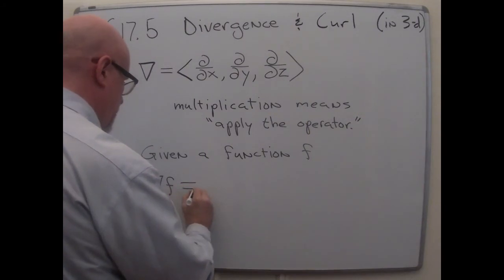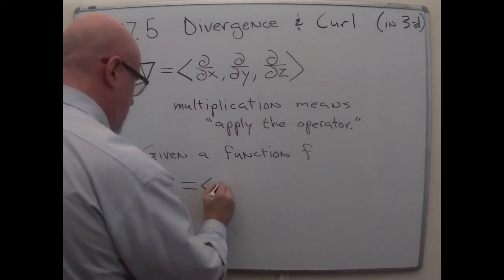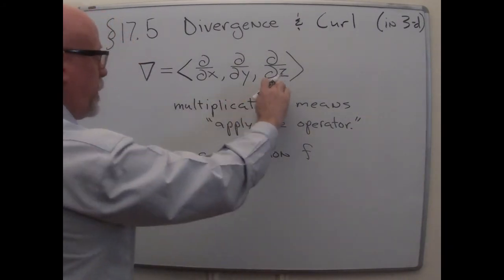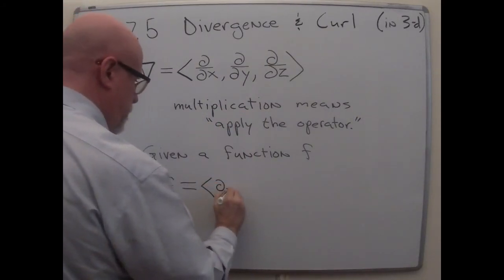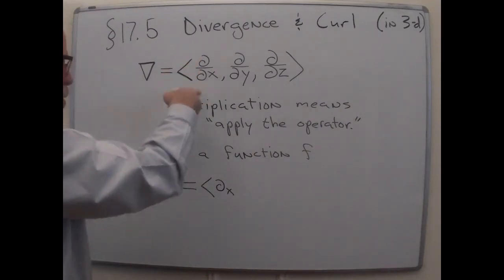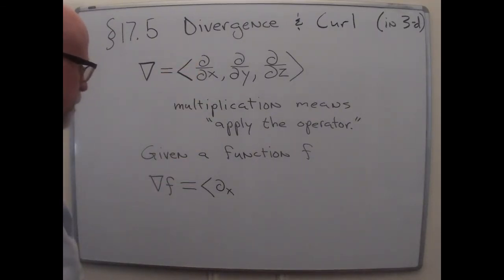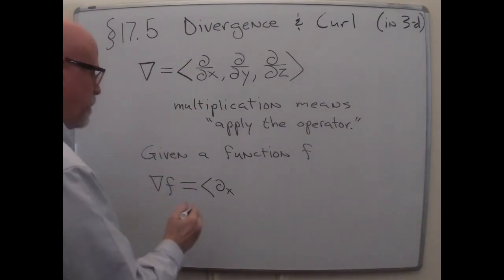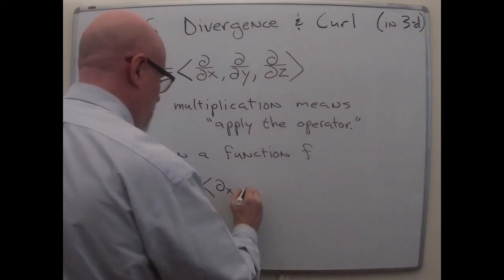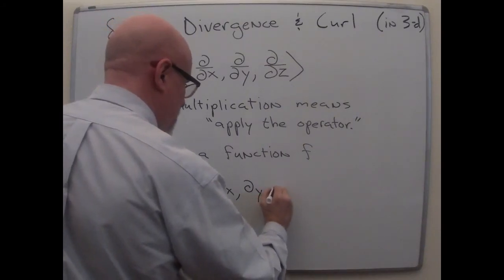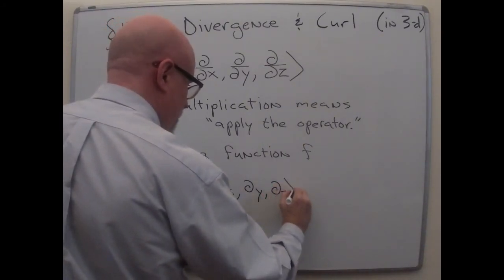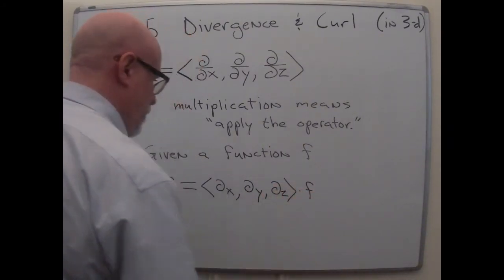I'm going to start using this shorthand that I think I also introduced you to previously. You can just write partial x to mean partial over partial x. That's also an abusive notation, but whatever. It'll save us some writing. So partial x, partial y, partial z, those are the components of del, and then we've got our function f.